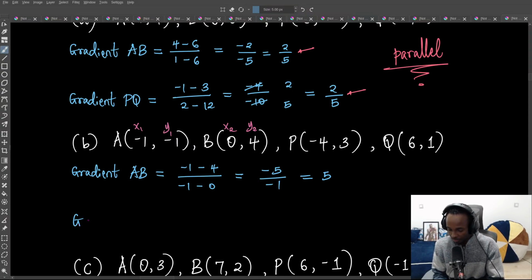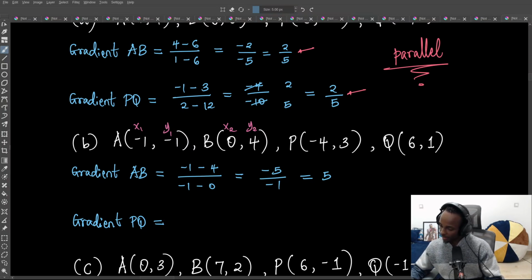Then the gradient of PQ will be, again, we have, this is x1, this is x2, and then this is y1, this is y2.